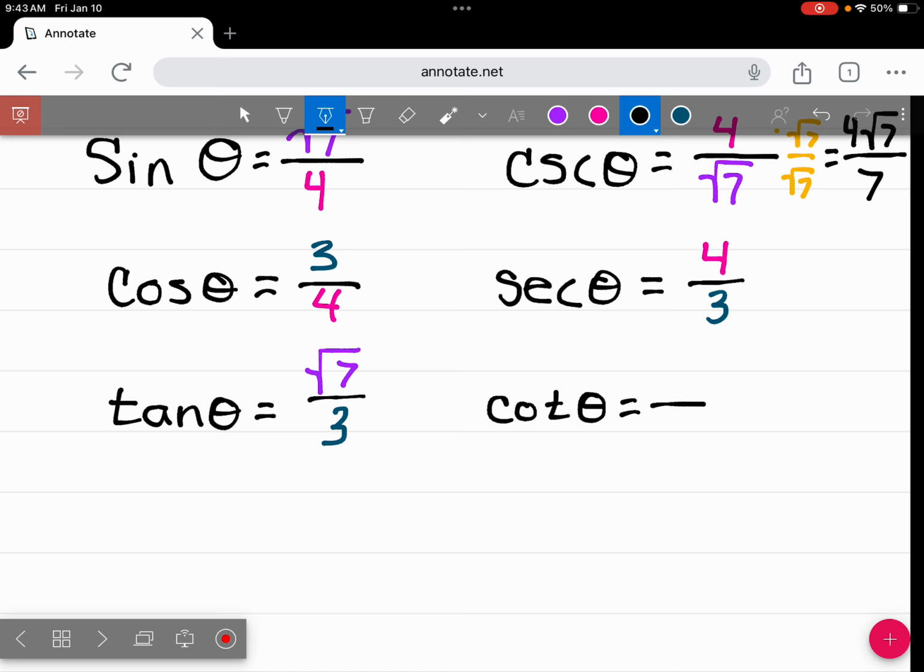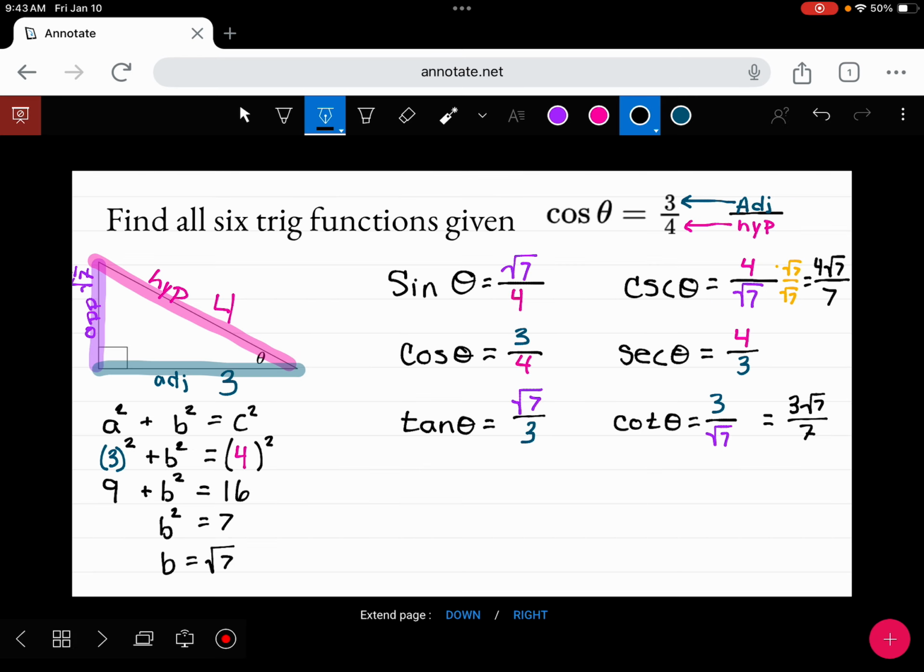We're going to take the reciprocal of tangent, so it's going to be 3 over the square root of 7, but we can't have square roots in the denominator, so we need to rationalize it. Same way we did for cosecant. So it's going to be 3 square root of 7 over 7. Okay? So you have just found your first set of all 6 trig functions. You got to do that so many times.